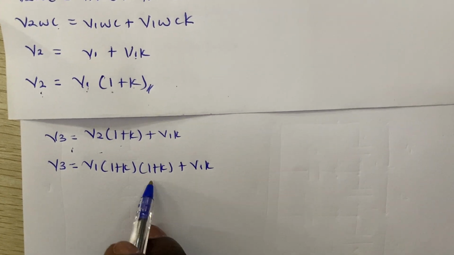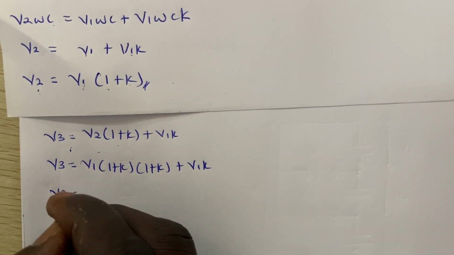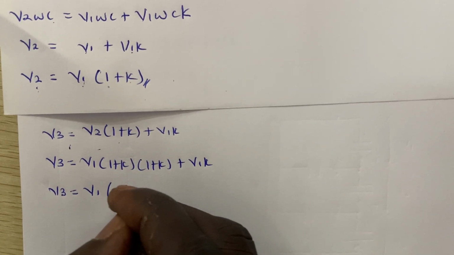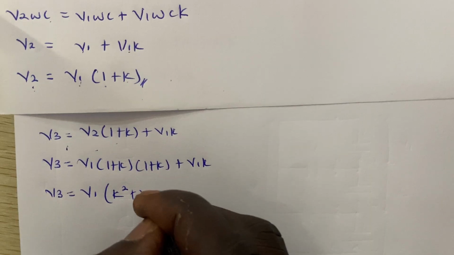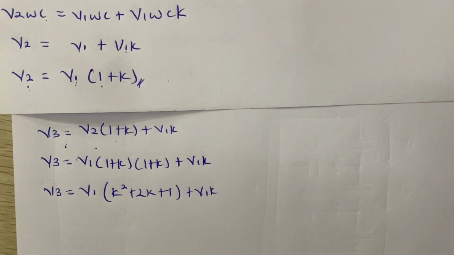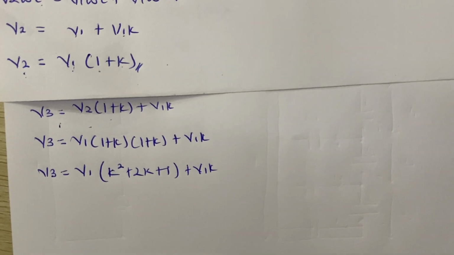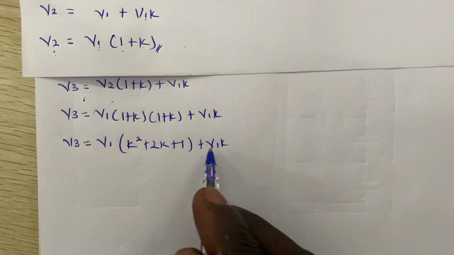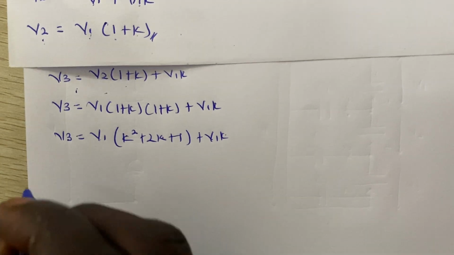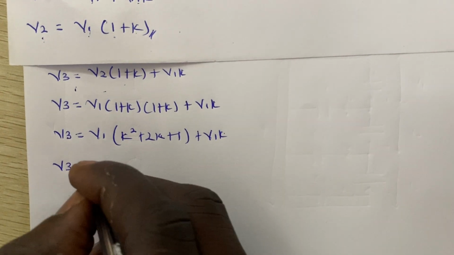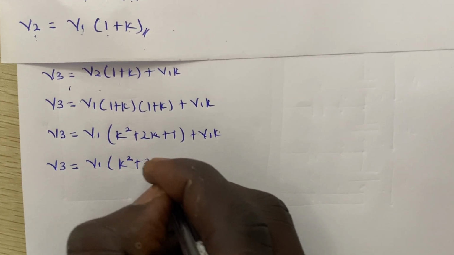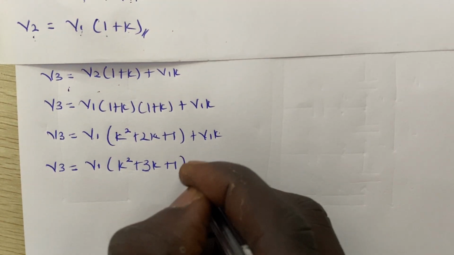So now we can expand this, and we are getting V3 is equal to V1 times K squared plus 2K plus 1, plus V1K. I hope we understand this. Yes. And then here, because V1 is common to these, we can just extract V1 out and then add this K to this to get V3 is equal to V1 times brackets K squared plus 3K plus 1.